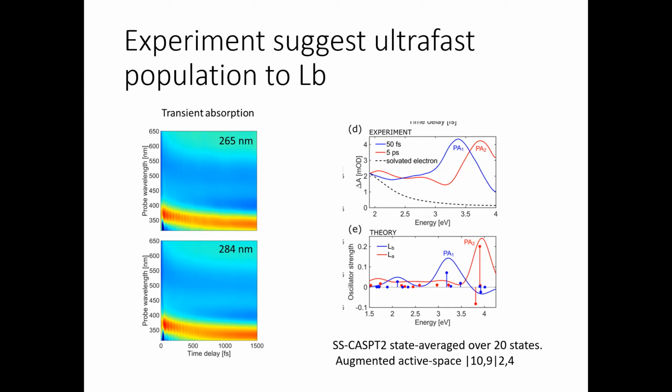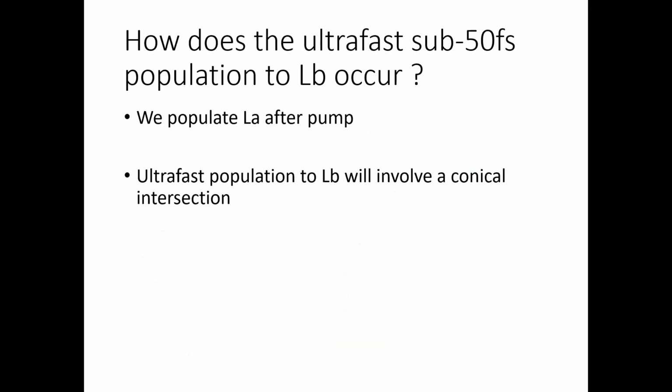And only at longer times, from 50 femtoseconds to 1 picosecond, we have this conversion from the LB state to the LA state. So we don't have a sub-50 femtosecond LB to LA, but rather a sub-50 femtosecond LA to LB, which is quite the opposite of what is commonly written in the literature.